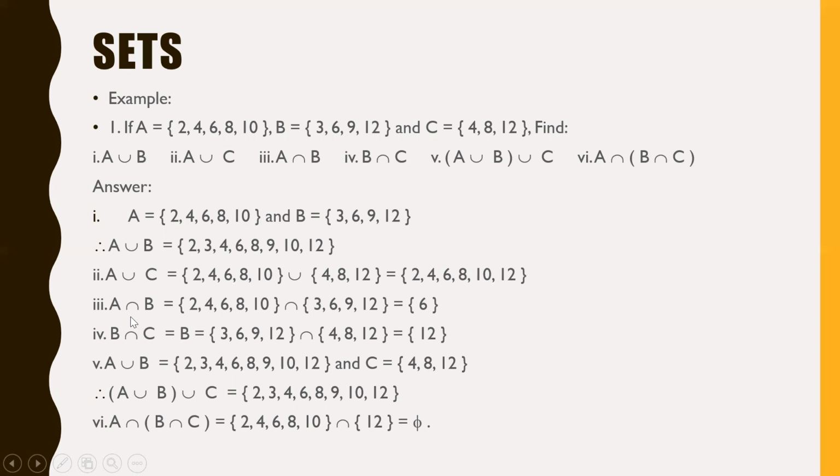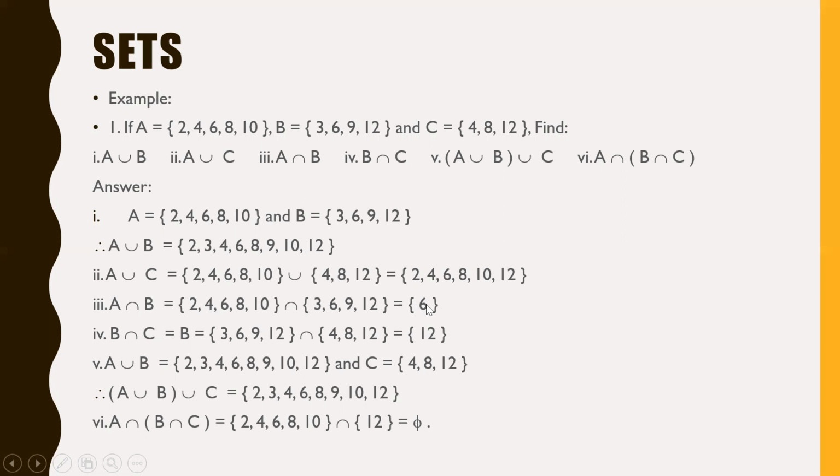Roman number 3, A intersection B. So the value of A first you have to write. The value of A is 2, 4, 6, 8, 10, intersection. The value of B you have to write, 3, 6, 9, 12. Now between A and B, you have to find the common numbers. So 6 is common between both the sets.